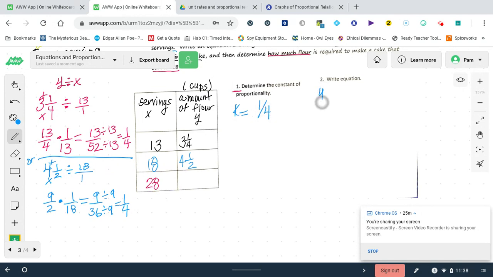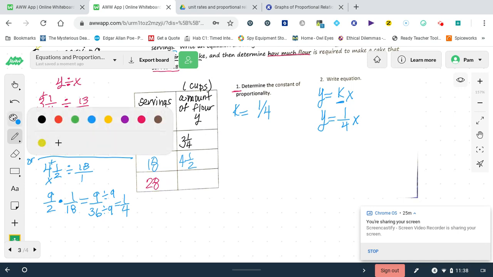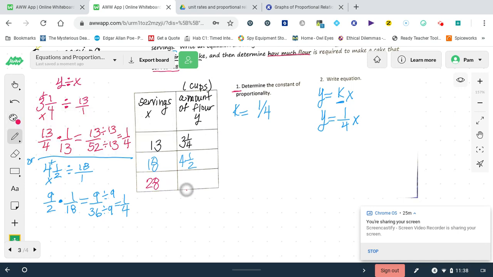So therefore, your equation written in the form y equals kx is y equals 1/4 x. Now all I have to do is find this missing value right here. So this 28 is an x. So I'm going to put in an x of 28. So you end up with y equals 1/4 times 28.